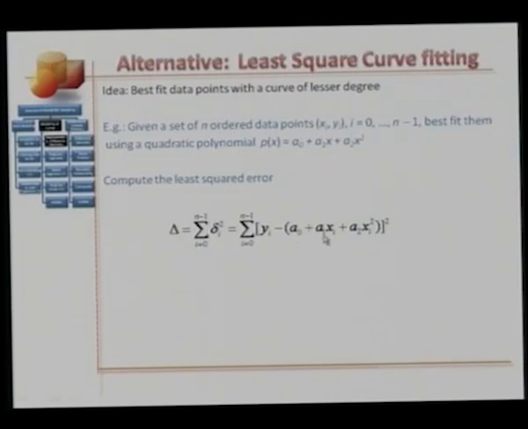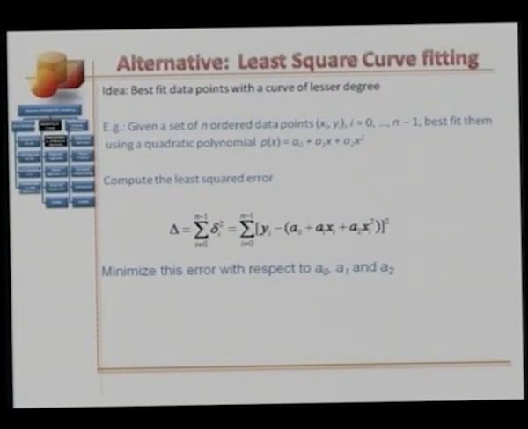Now, how do we compute the unknowns a sub 0, a sub 1, and a sub 2? Well, we minimize this error, capital delta, with respect to these unknowns. How do we do that?